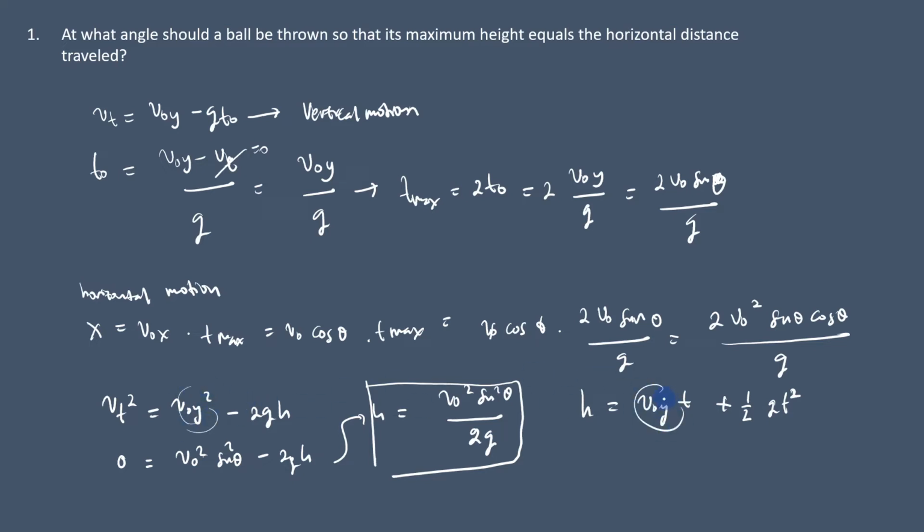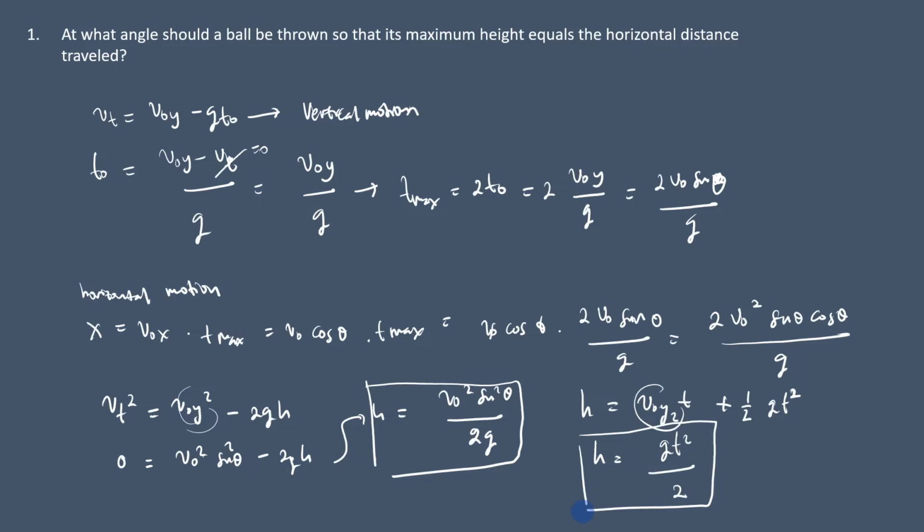Voy at the top is equal to 0. This is the velocity at the top. So we get h equals g t square divided by 2. Okay, we save it and we get two equations of h.